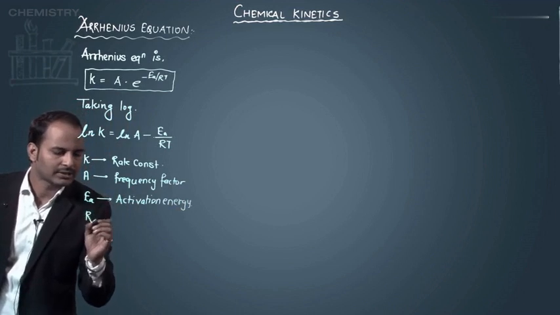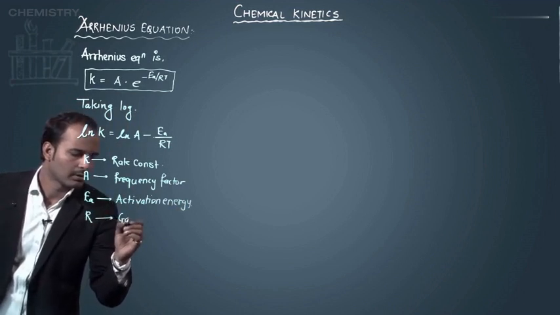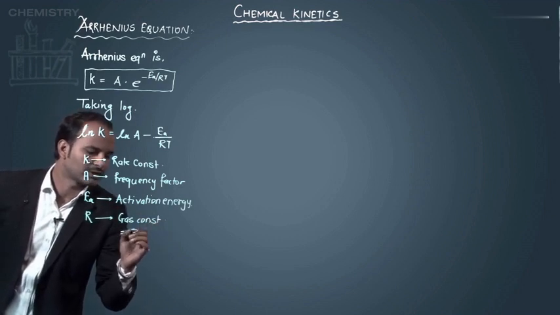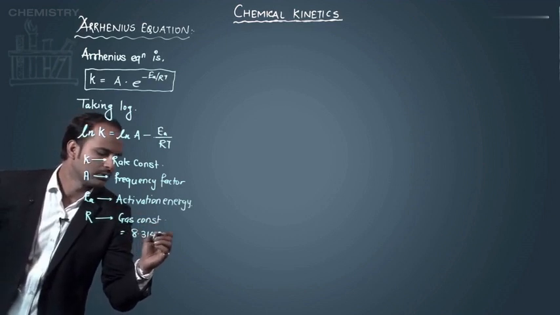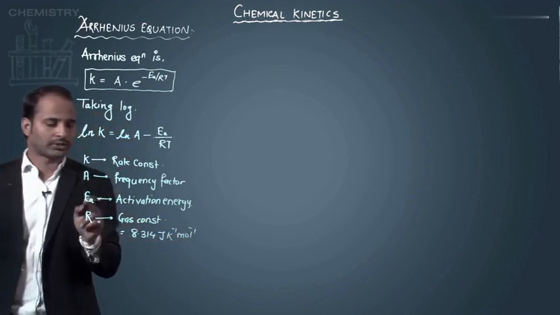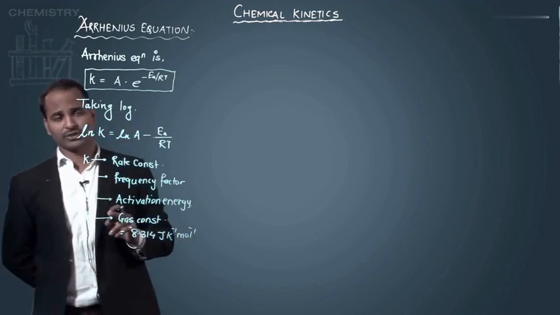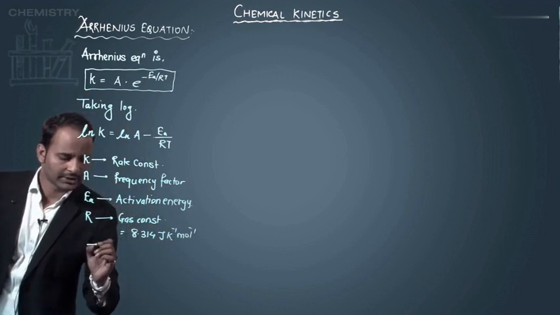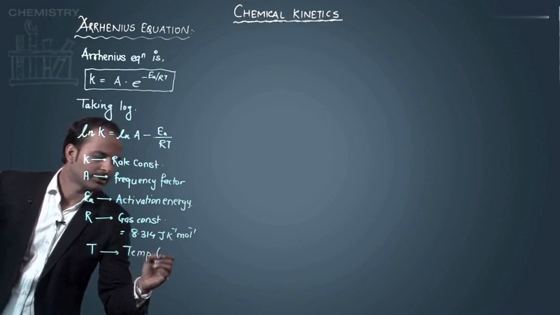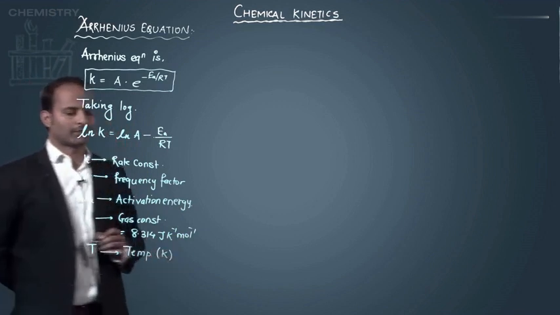R is the universal gas constant, whose value is 8.314 joules per Kelvin per mole. If I am taking R in joules, then in the formula the activation energy should also be in joules only. And T is the absolute temperature, which means temperature in Kelvin.